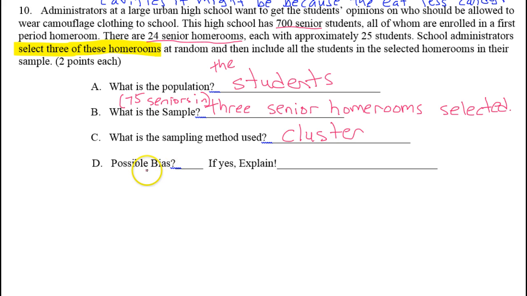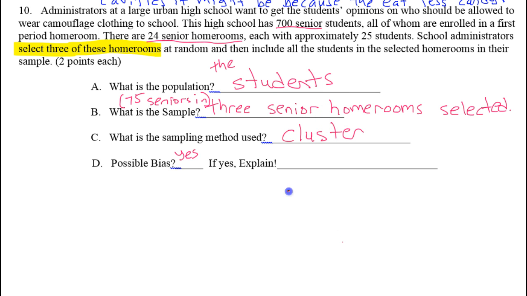Now, let's talk about possible bias. Yes, there's possible bias. I already mentioned it earlier when we were talking about the population as opposed to the sample. The population is the students at this school, all the students. But of course, it's a problem that they only spoke to seniors.